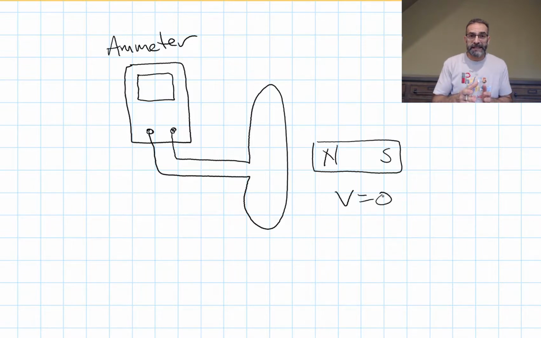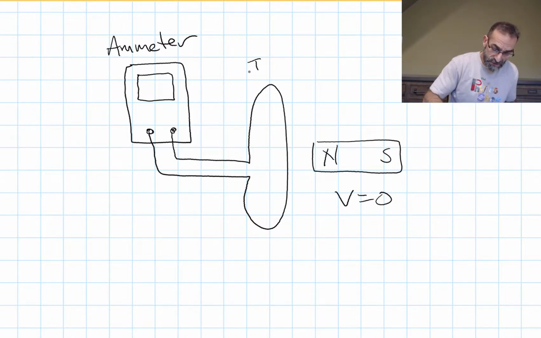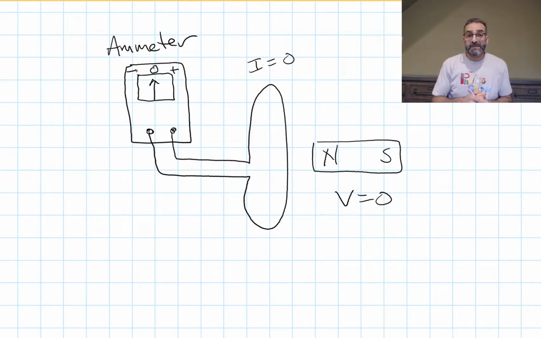Now we stop that magnet, v equals 0, and the current stops. Assuming that there's some resistance in this loop of wire, the current would very quickly go to 0.